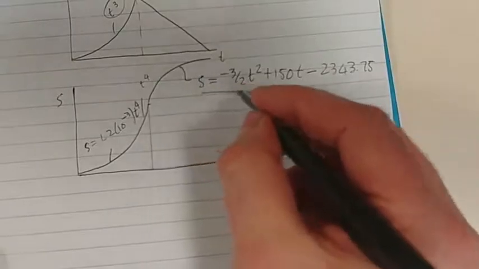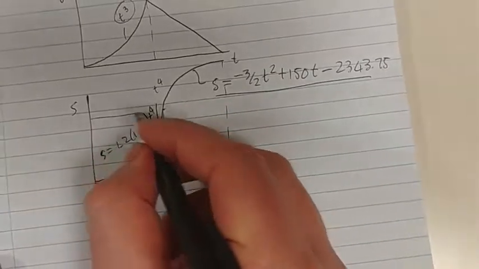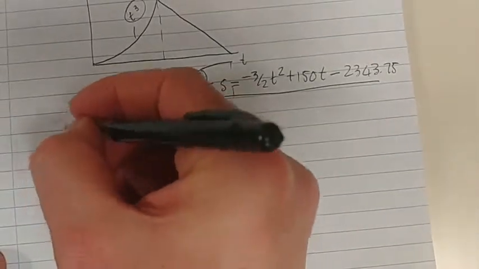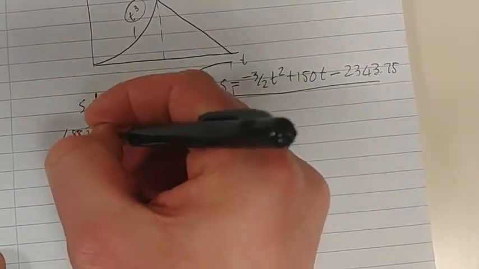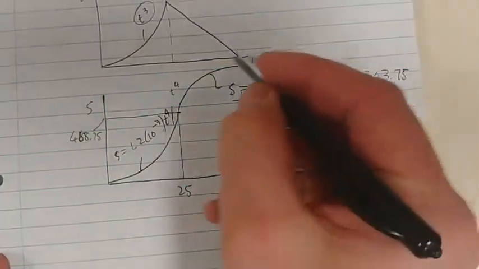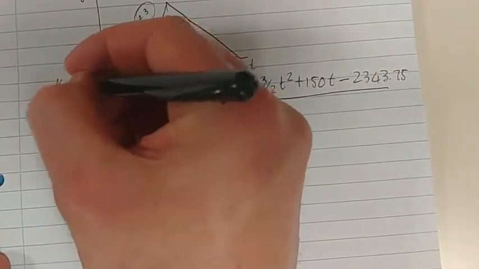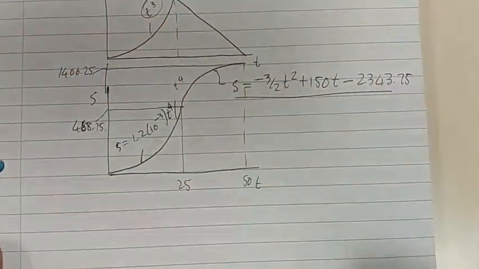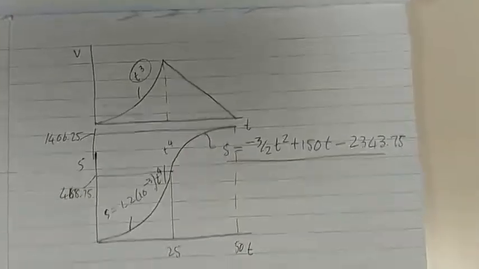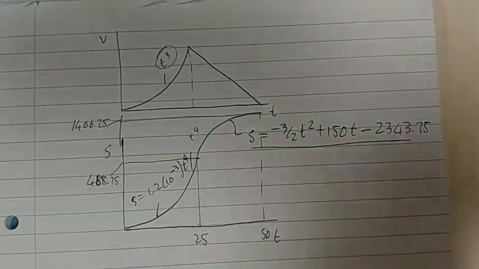Okay, so there we have it, and that's 50 seconds, that's 25, and we know that s here was 468.75, and s there is 1406.25. Okay, so I think that's good. In the next one, I will draw the acceleration time curve. Cheers.